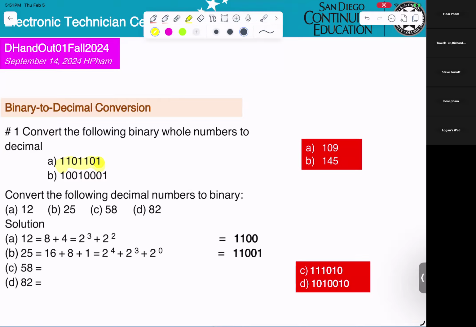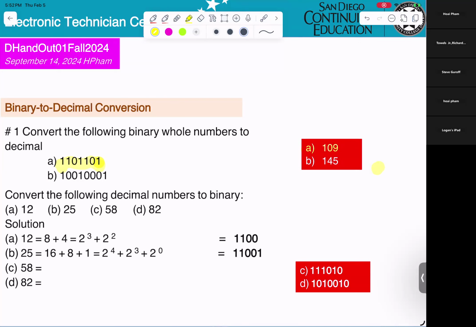You try to convert it to decimal. The answer will be here. We already go through it. And now you need to exercise later. B would be 100100001, and that is the answer.